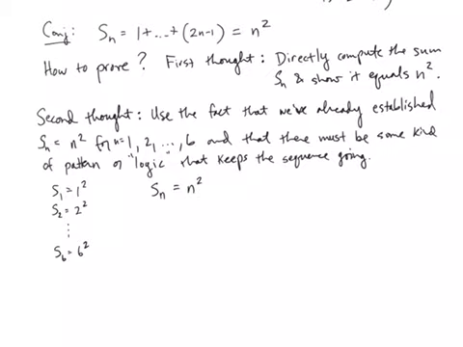So we know we have a number of examples of n's such that Sn equals n squared. Right, so suppose that Sn equals n squared for some n. All right, so our n could be 1, 2 through 6 in this case.